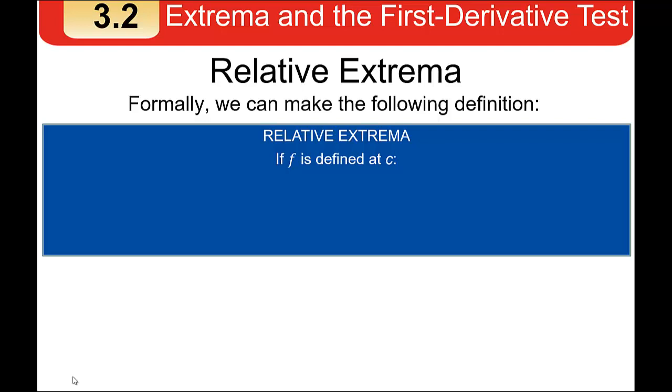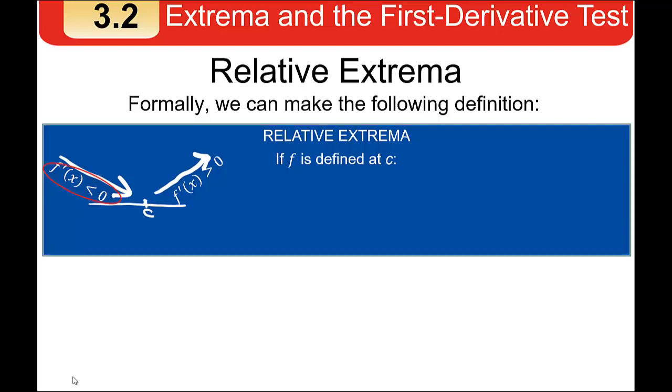If you have a function f that's defined at some value c, and the behavior around c is based on what the derivative of the function is like this, namely that the derivative is negative. Remember, less than 0 means negative.